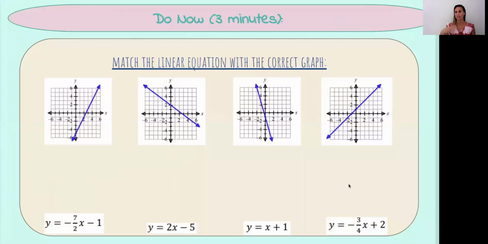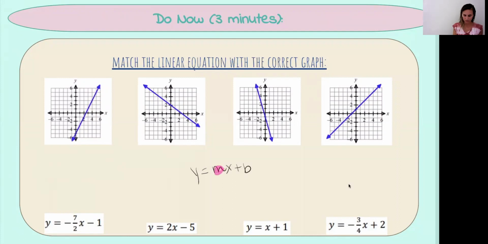The lesson is designed in the sequence of the pacing guide, where this would be first, and then we'd be learning how to do multiple lines at the same time. You could pause the video if you want to work on this and see if you can do it. A little reminder, y equals mx plus b is always our guide.